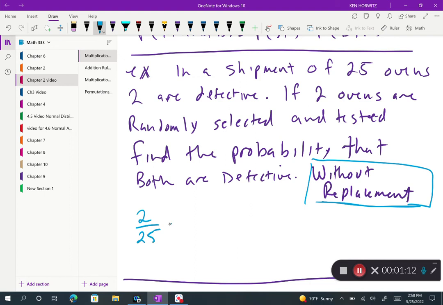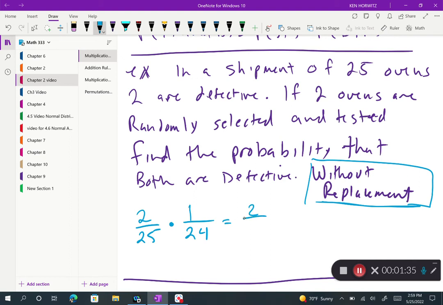And the idea that it's dependent, we still multiply, but then if the first one is defective, right, because we want the probability that both are defective, we only have 1 defective oven left out of a total of 24 ovens that remain. So at this point, we multiply these 2 together, right? You note the slight difference.